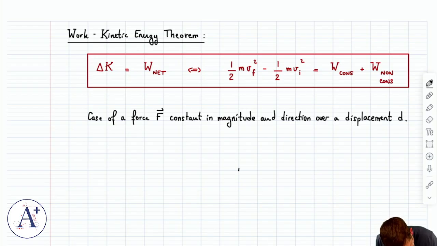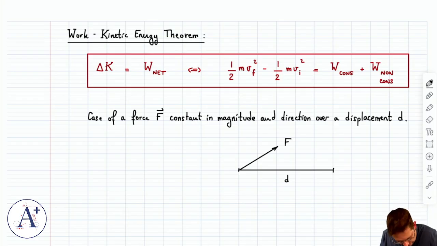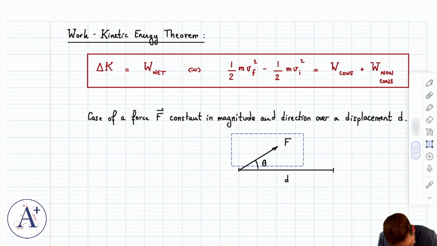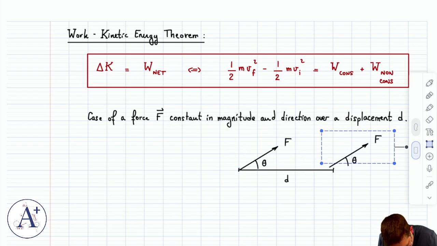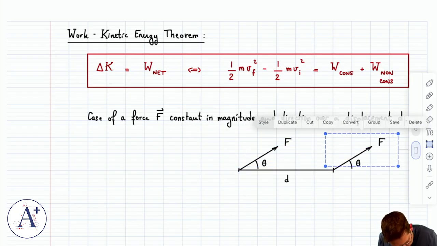Okay, so let's say we move from left to right, and this is my displacement, and maybe I'm dragging a suitcase in an airport or something like that with a certain amount of force. Maybe it's a tension force, it doesn't matter, I'll just call it F. And as I pull the suitcase, I always pull at the same angle with the same amount of force all throughout the motion, right? And so I start out here, I end up here.